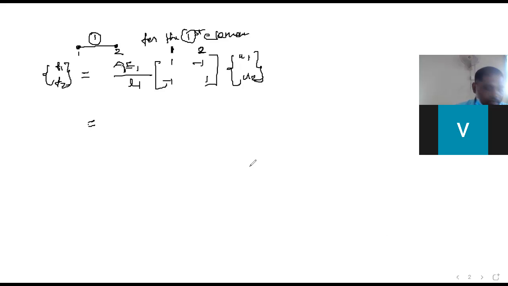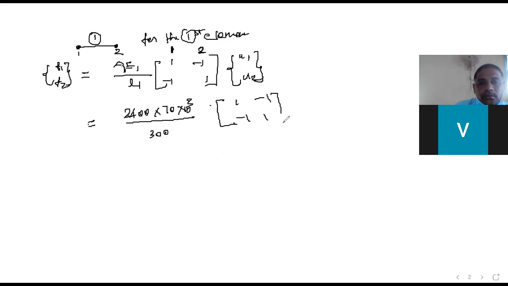So A1 is 2400 into 70 into 10 power 3 Newton per mm square, and the total length is around 300, multiplied by [1 -1; -1 1] into U1 and U2.